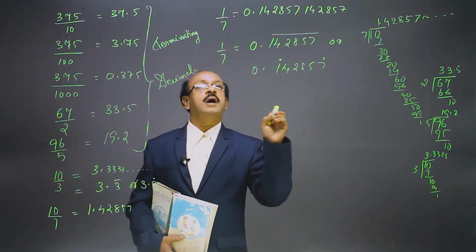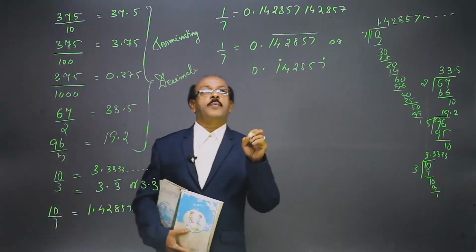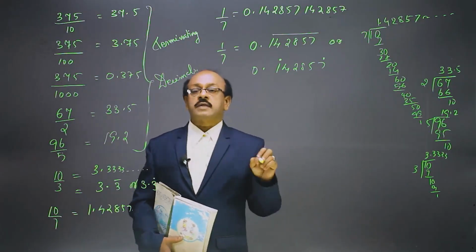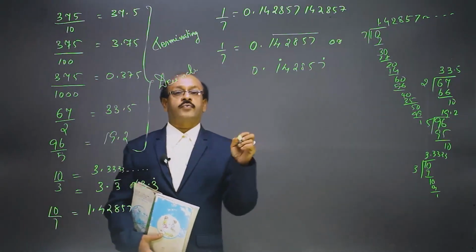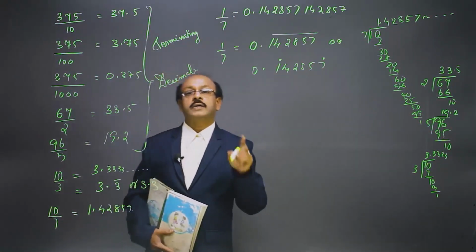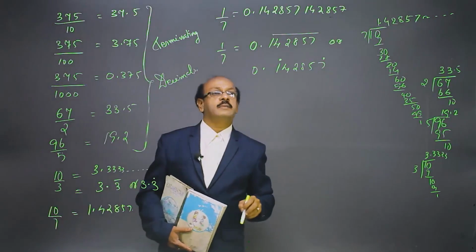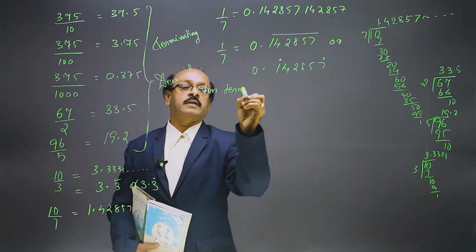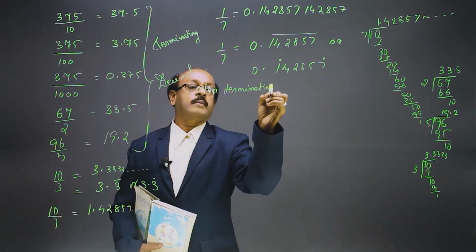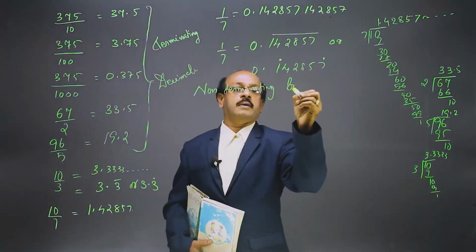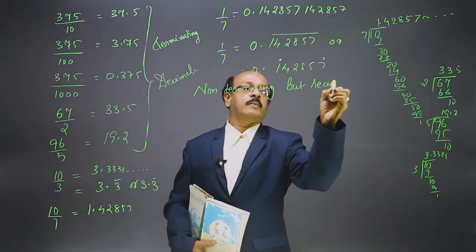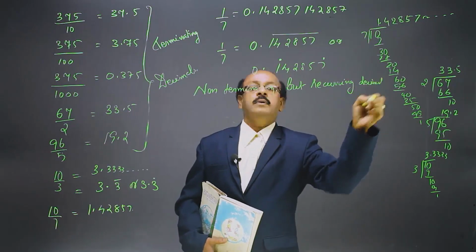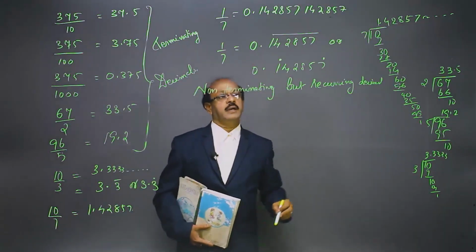The order of the repetition is 0.142857, again 142857. It is repeating in a particular order, therefore it is called a non-terminating but recurring decimal.